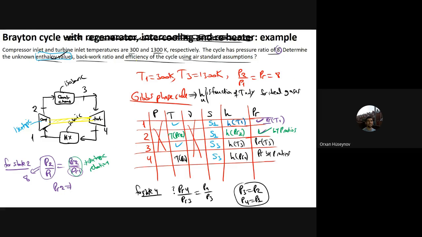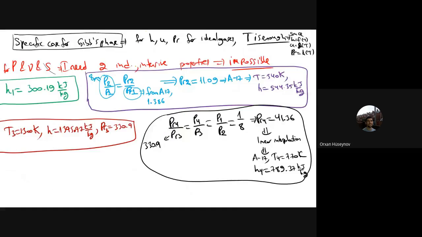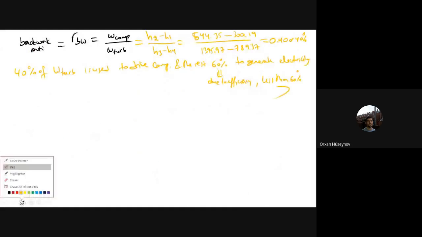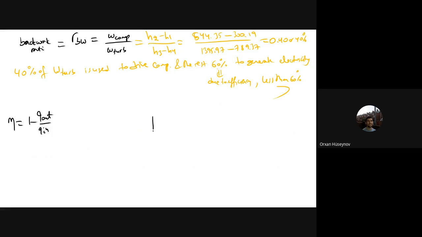The question says that at the end, we need the efficiency of the cycle. Let's do that. Eta of the cycle will be 1 minus Q out by Q in. This cycle is at the end a heat engine. This is the Brayton cycle here.